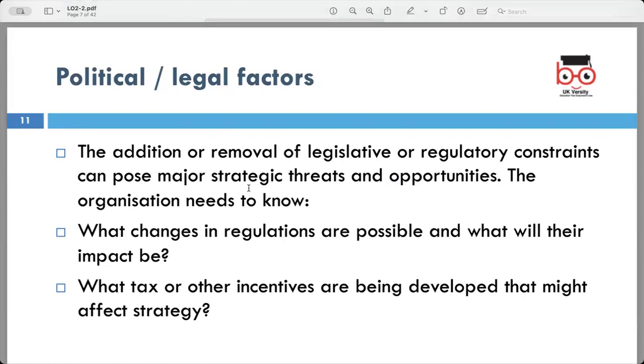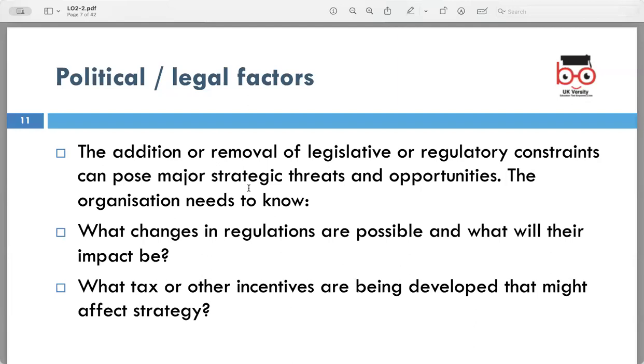Okay, so political and legal factors. There are significant strategies, dangers, and possibilities that might arise from the addition or removal of legislation or regulatory restraints for a company.